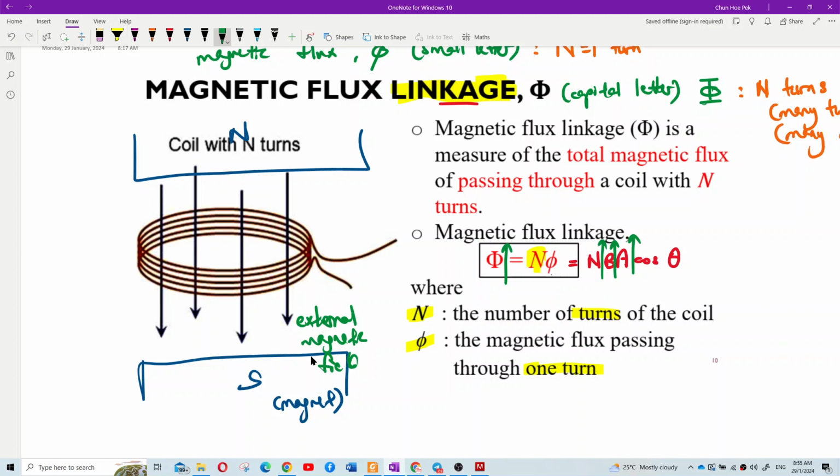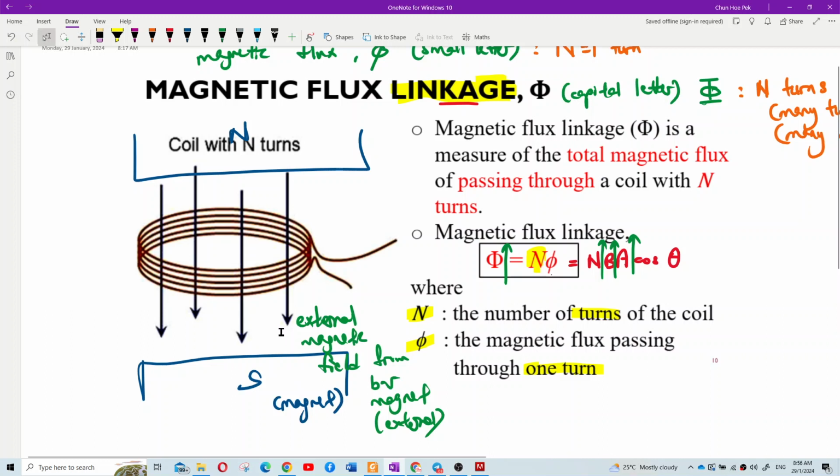External magnetic field from where? External magnetic field from a bar magnet. This bar magnet is also external, meaning outside. This magnetic field doesn't come from the solenoid. This magnetic field comes from outside.